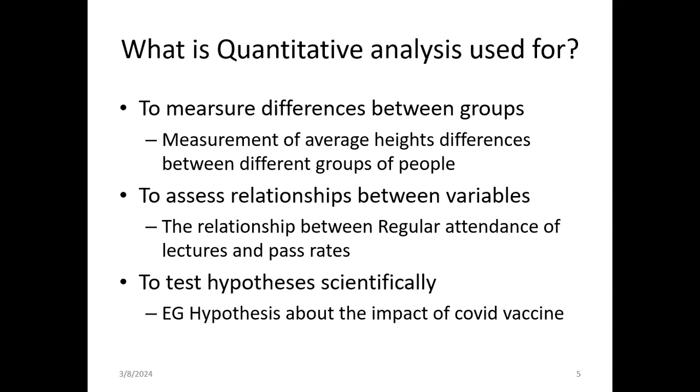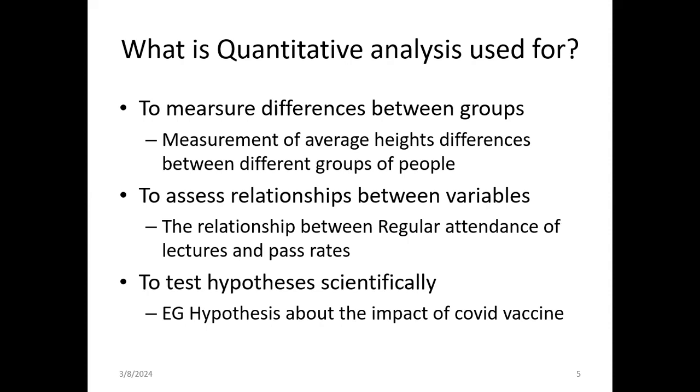So now, what is quantitative analysis used for? Number one, you can measure differences between groups. For example, you can measure the average height differences between different groups of people. Number two, you can assess relationships between variables, such as the relationship between regular attendance of lectures and pass rates.